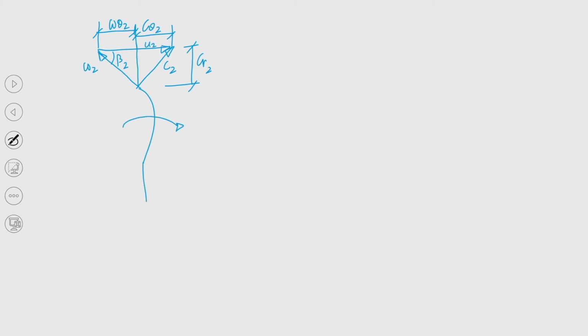If we draw the velocity triangle at the inlet, this is U1, this is W1, this is C1, and this angle is alpha 1. So you can understand that for the r equal to 1 case, we can write CR2 by U2 equal to tan beta 2.